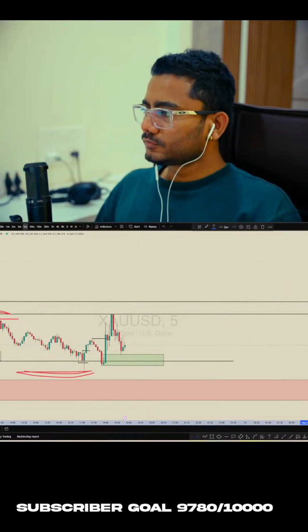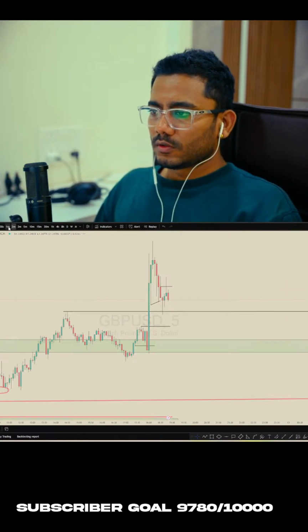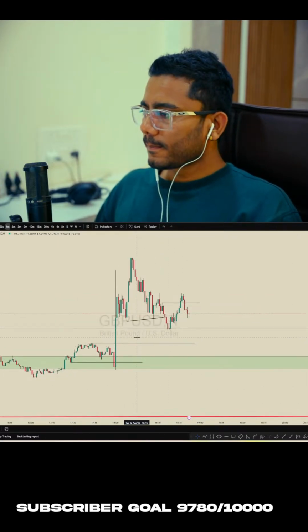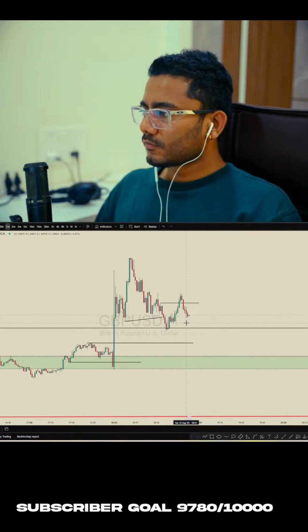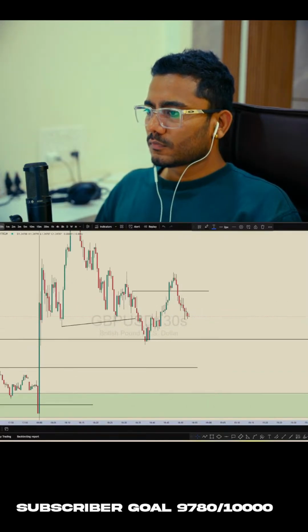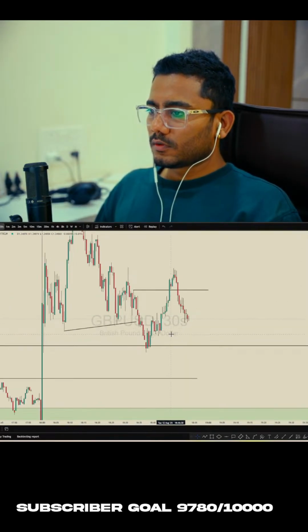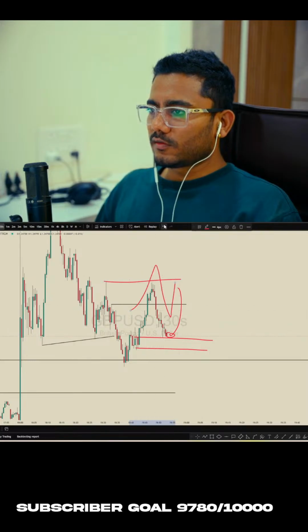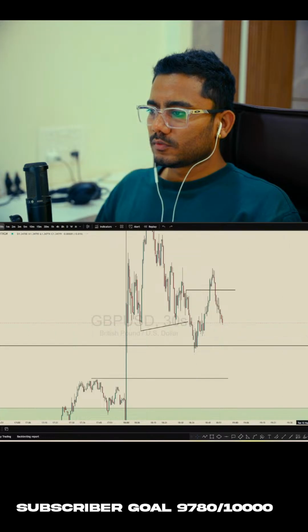Seven to five area. I think it can tap this sort of block, but I wanted to see this break.